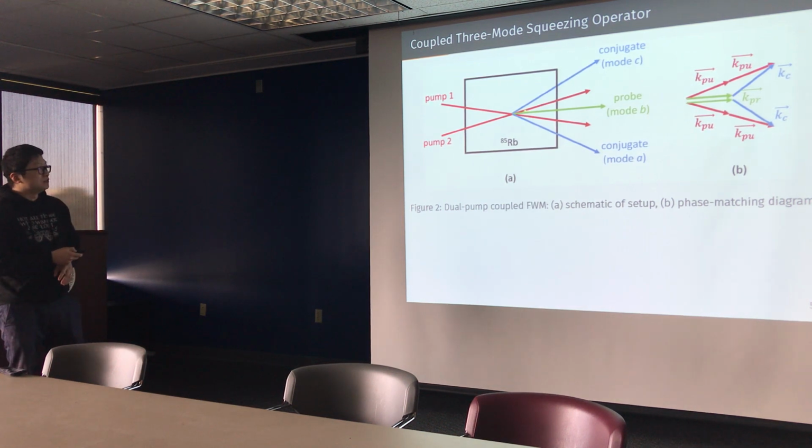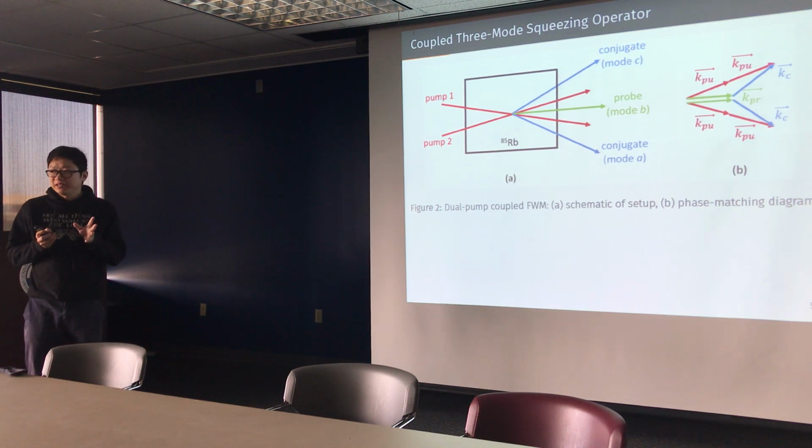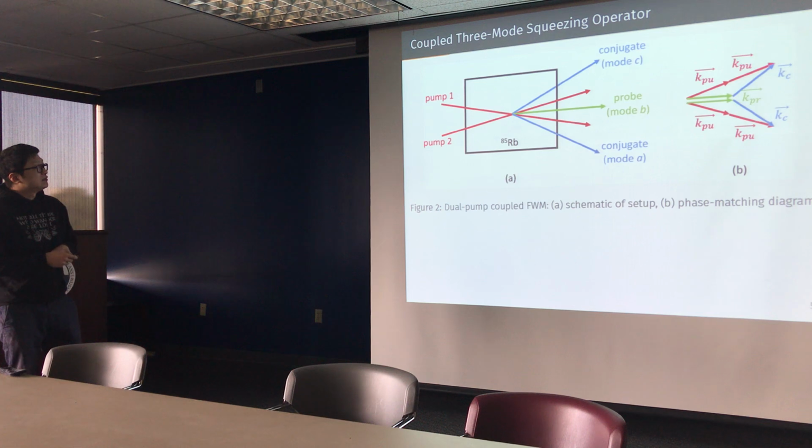That's this middle probe mode B here. In this process, two pump photons from pump 1 are annihilated and create one photon in mode A and one photon in mode B. We can also have two pump photons from pump 2 annihilated to create one photon in mode B and one photon in mode C here.